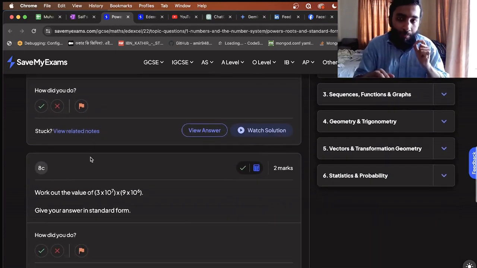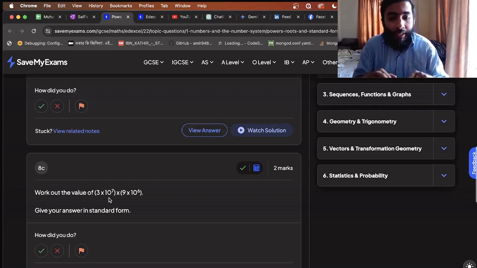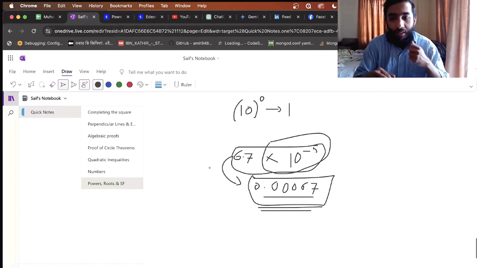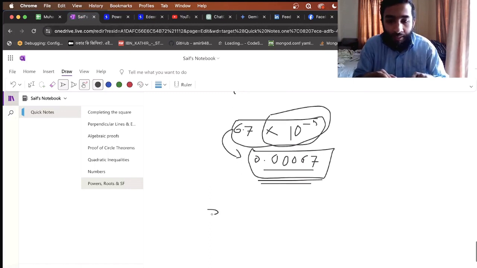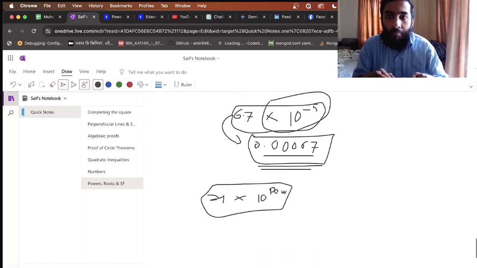If I focus on problem 8c, it says work out the value of 3 multiplied by 10 to the power 7 multiplied by 9 multiplied by 10 to the power 6, and you have to give the answer in standard form. As we have already discussed, a standard form is any number x multiplied by 10 to some power. So this is the standard form representation of any number.